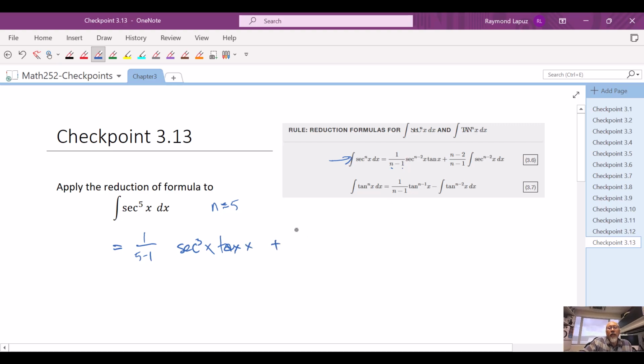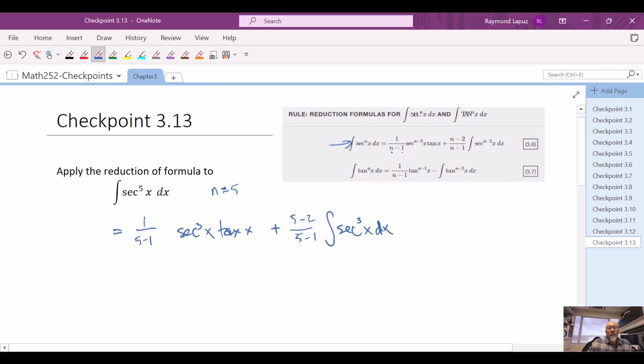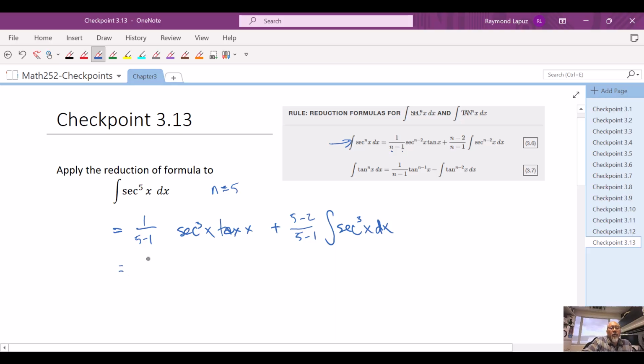And then now we have 5 minus 2 over 5 minus 1 times the integral of secant to the third of x dx. Okay, so we're going to get 1/4 secant to the third of x times tan x plus, and then here we get 3 and 4, 3/4 times the integral of secant to the third of x dx.